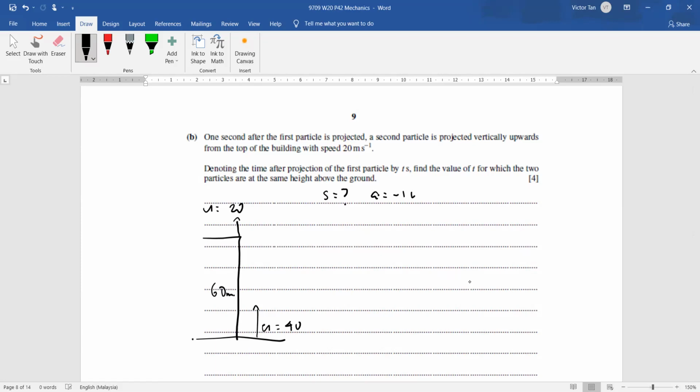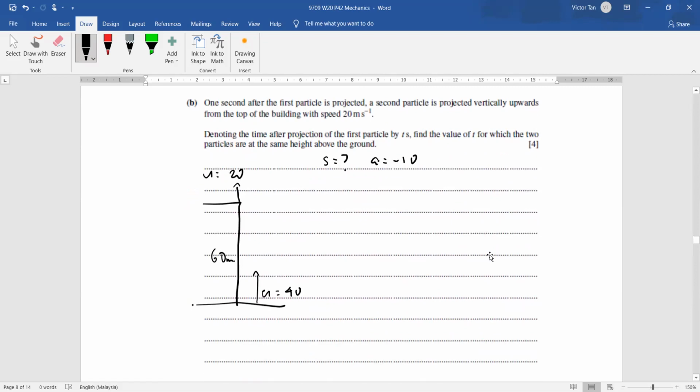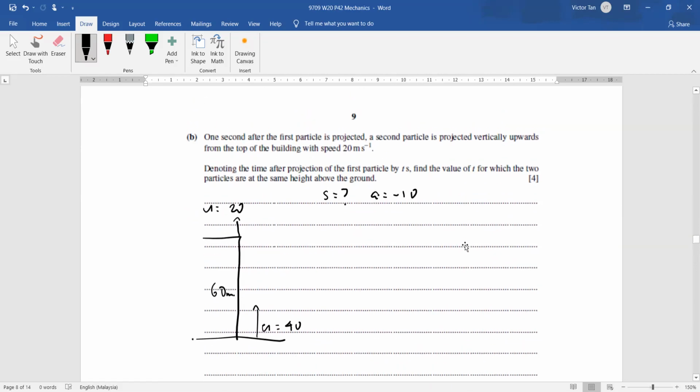A equals minus 10. U is given. So the question should be at the same time. So they missed out this.